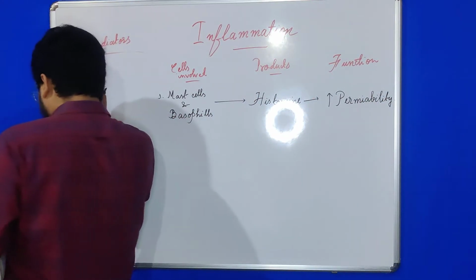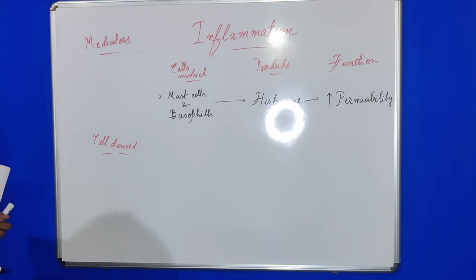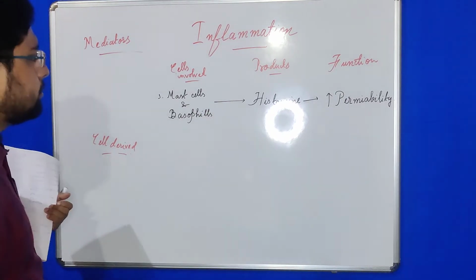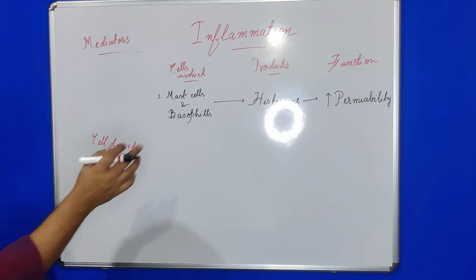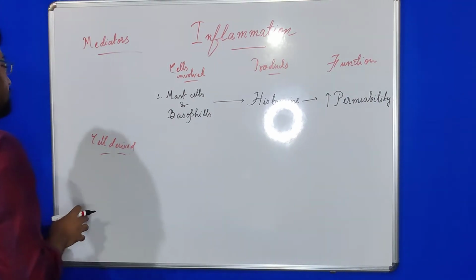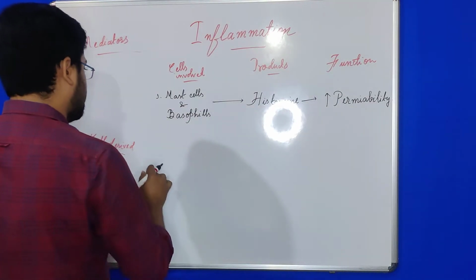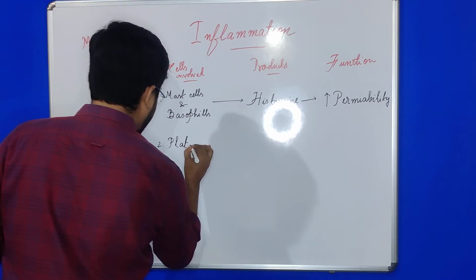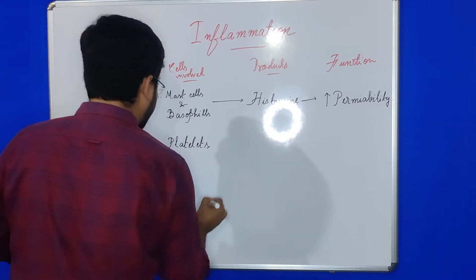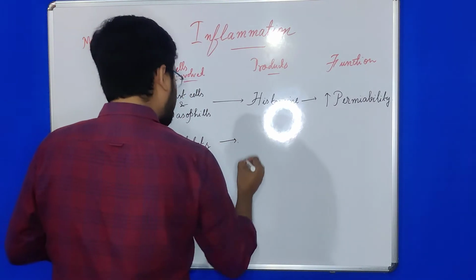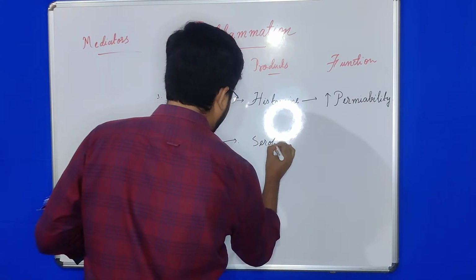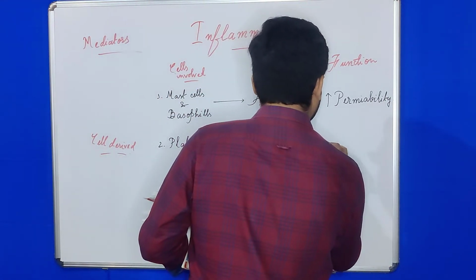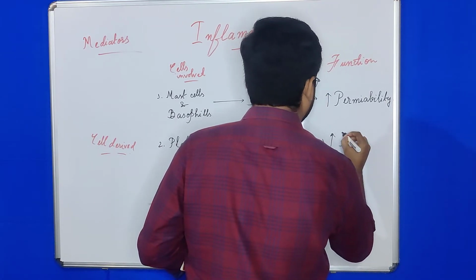I have already mentioned that at the site of inflammation, the capillary permeability will increase so that plasma proteins, WBCs and antibodies can come to the interstitial fluid from the capillary. Next is platelets. Product is serotonin. It will also cause increased capillary permeability.